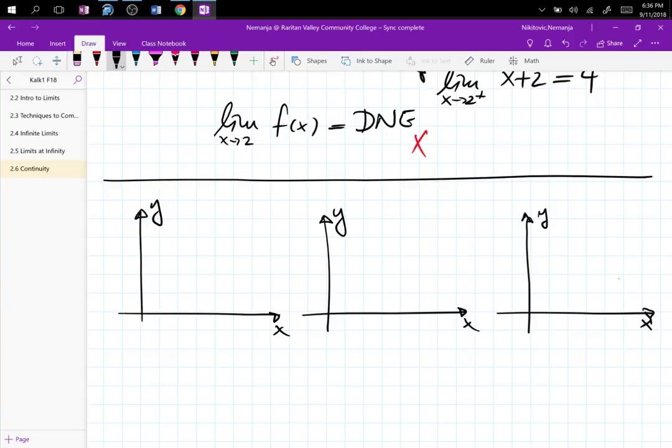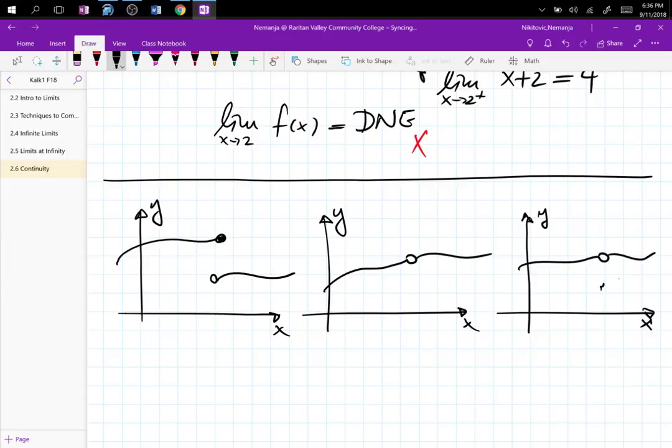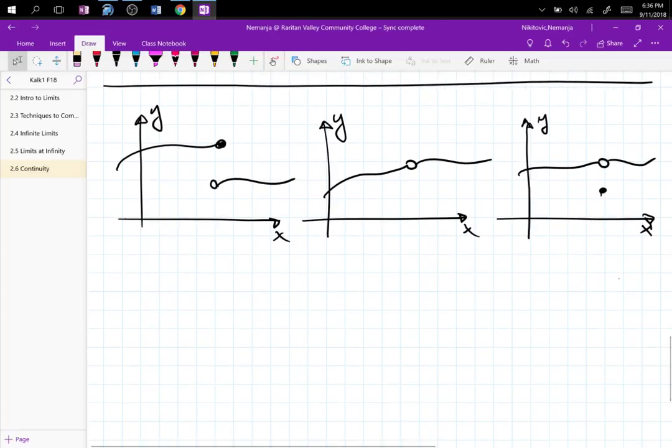So let's say we have this, this, and this. Let's start with the first picture.